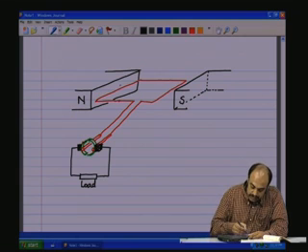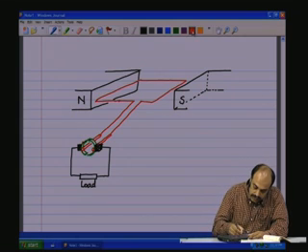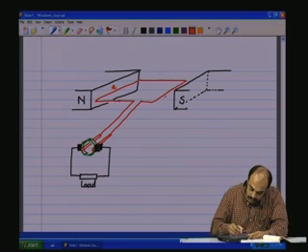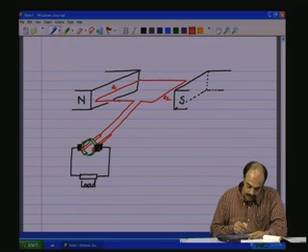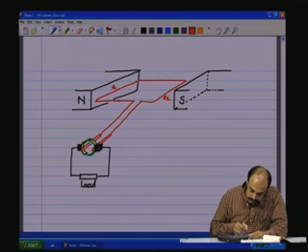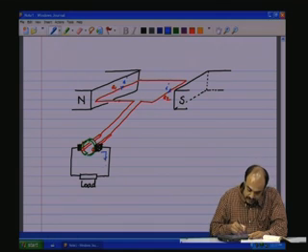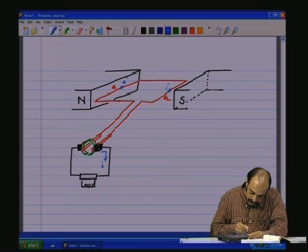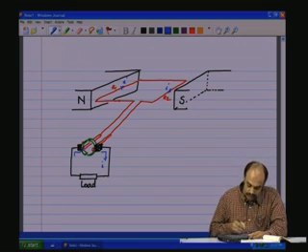So now what happens? We have the coil side A1, coil side A2. Right now this is going to induce a current in this direction here and in this direction here, which flows through the external circuit, and the current flows through this coil.